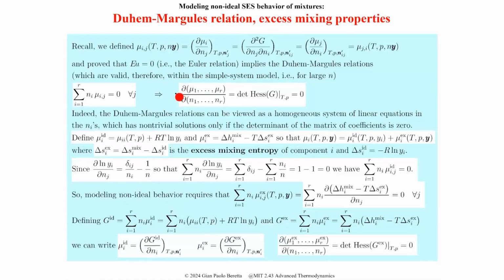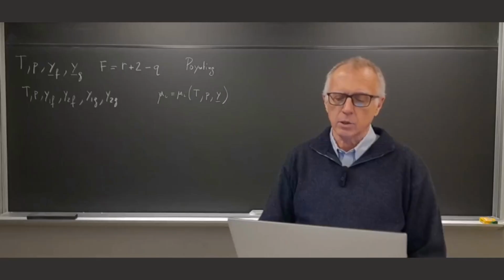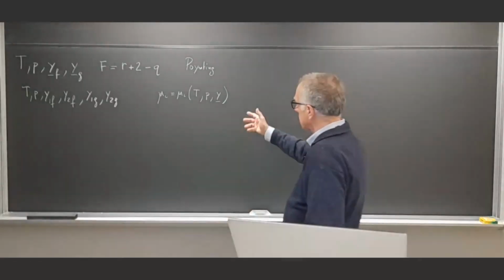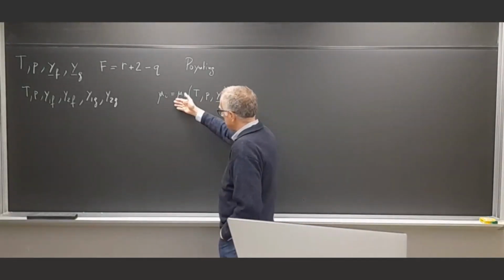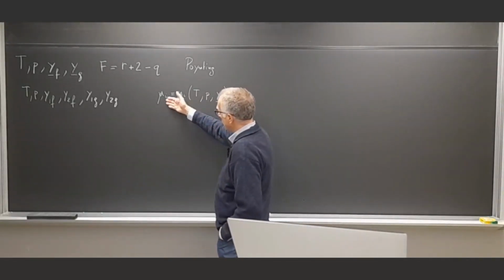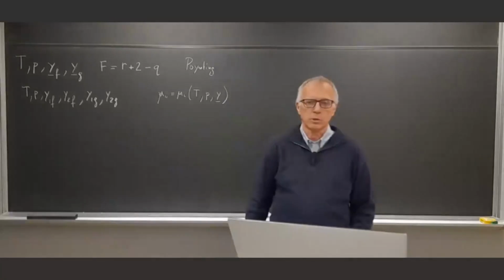It's the Jacobian of the chemical potentials with respect to the compositions, of course at constant T and P. So you need that Jacobian to be equal to 0. So that is the condition. You cannot arbitrarily select these functions. You have to check that that Jacobian be equal to 0.